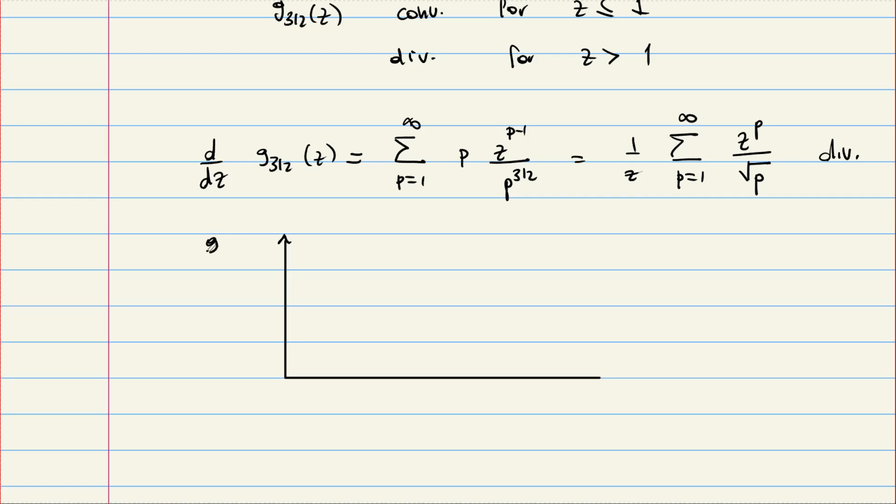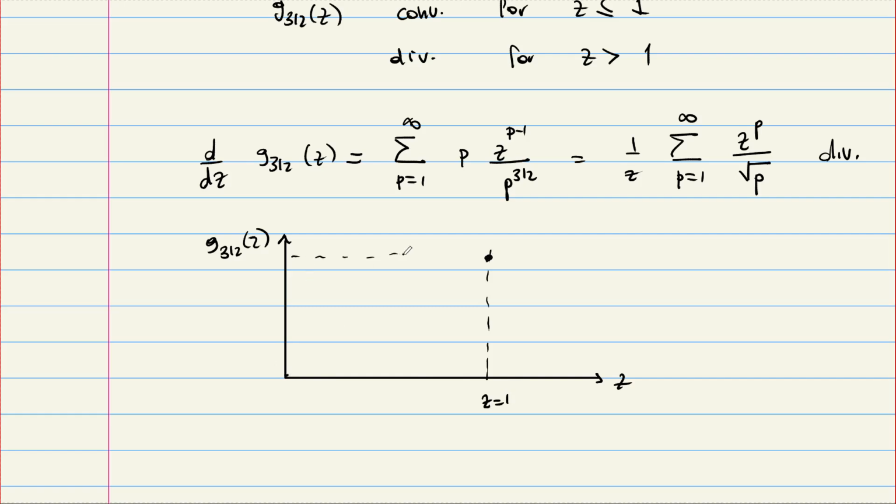So this is g_{3/2}(z), this is z, and this is z equal to 1. When z is 0, it is 0, and when z is 1, it is finite.